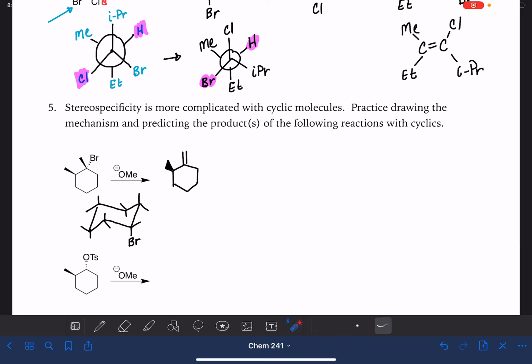Now, you really get to do what you want in terms of translating a line structure into a chair conformation, but keep in mind your life is going to be a lot easier if you take that halogen and immediately put it on an axial bond, either up or down. So on this carbon, we also have that methyl group right there. Let's go ahead and draw that in.